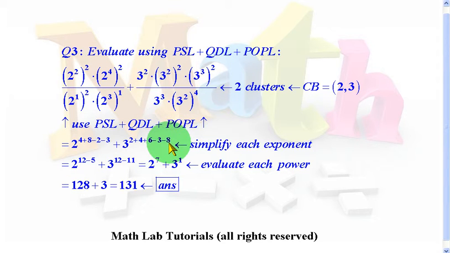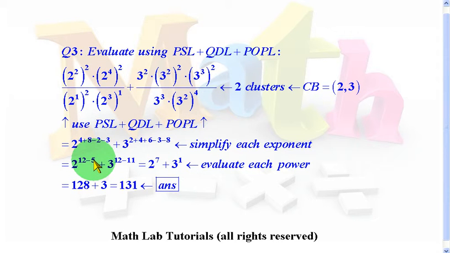Okay, so essentially when we're bringing up exponents, what we're doing is subtracting the exponents. So we continue. Again, we have a simple integer string. We get a 12 minus 5. And a simple integer string over here, we get a 12 minus 11.